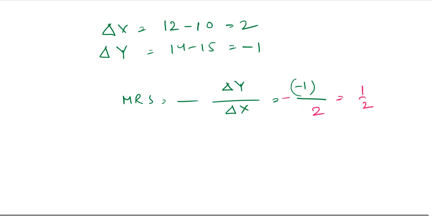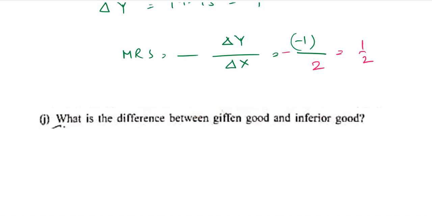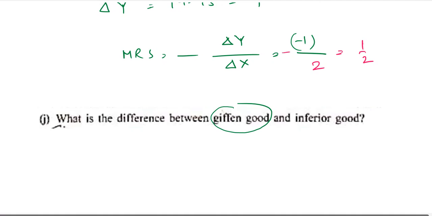Now I am solving 1(j). In this question, we are asked the difference between Giffen good and inferior good.